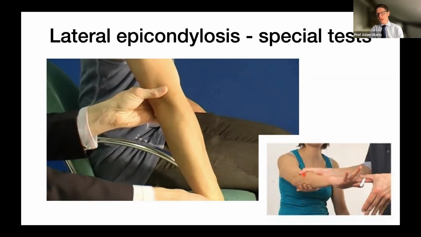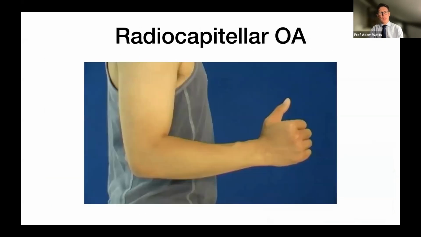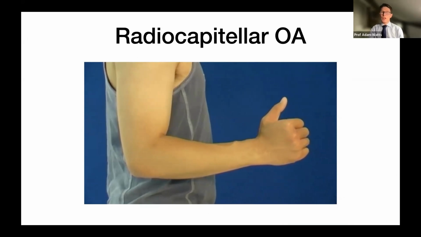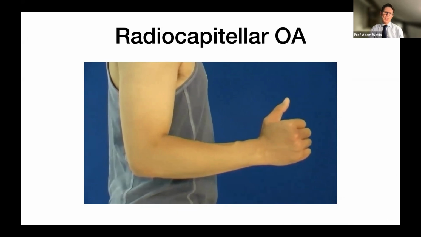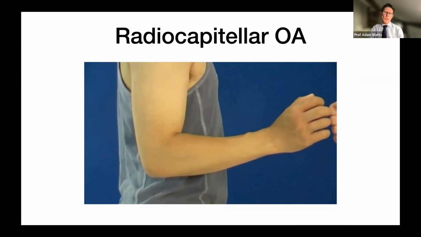The Mills and Cousins tests can be positive with other pathologies. A particular pathology that you might be considering, especially in the older patient, is radiocapitellar osteoarthritis. But remember that in manual workers, radiocapitellar OA will typically present around the age of 50 years, and so is very much in that spectrum of tendinopathies and needs to be considered in the differential diagnosis.